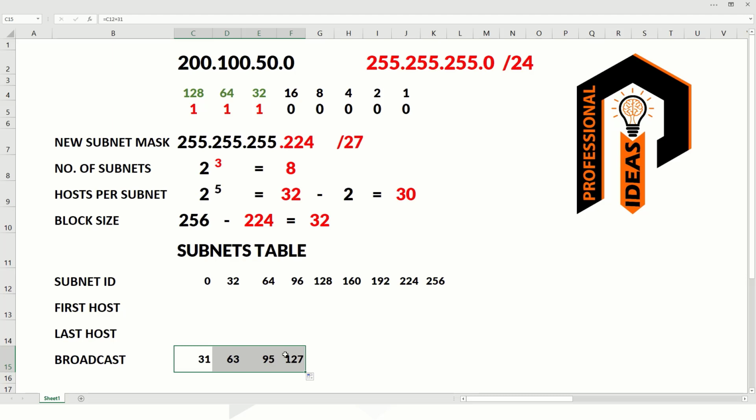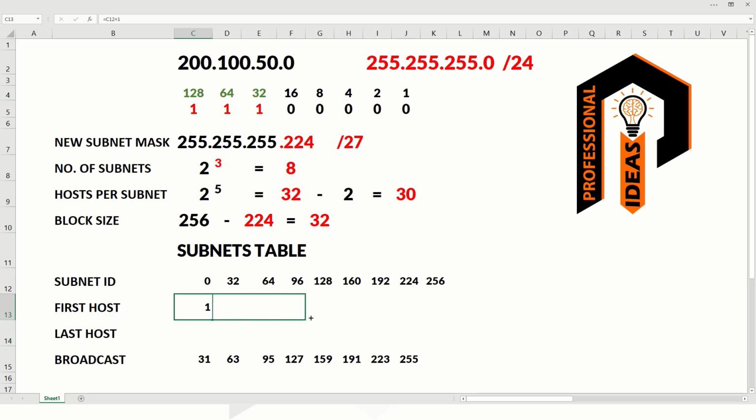To find the first valid host, add 1 in each subnet ID. So first valid host of each subnet ID will be 1, 33, 65, 97, 129, 161, 193 and 225 respectively. To find last valid host, subtract 1 from broadcast address of each subnet.